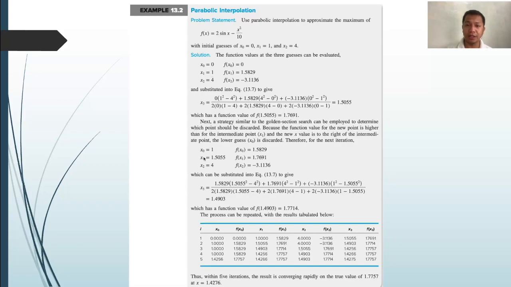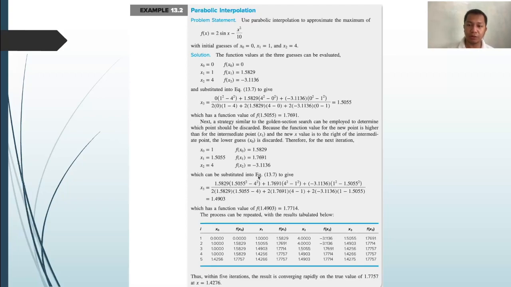On the next iteration, we disregarded the x0 and replaced it with x1. Therefore, we have x0 is equal to 1, x1 is equal to 1.5055, and x2 is equal to 4. Getting their function values, f of x0 is equal to 1.5829, f of x1 is equal to 1.7691, and f of x2 is equal to negative 3.1136.